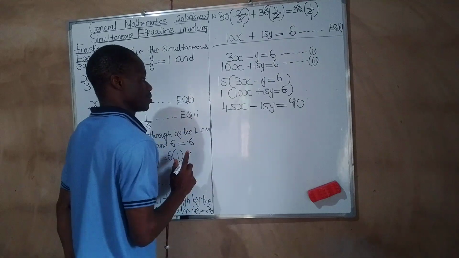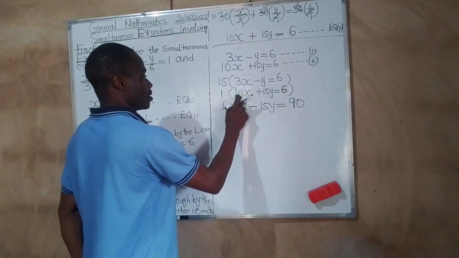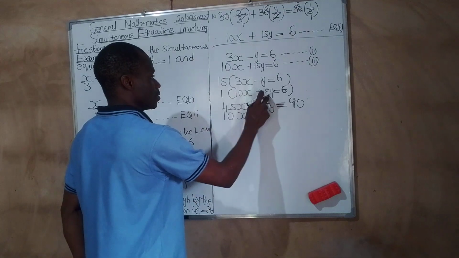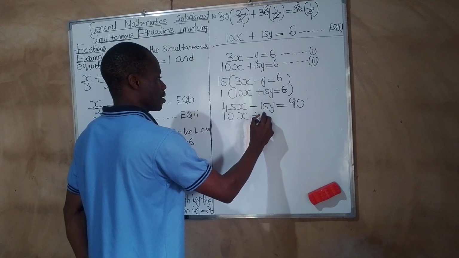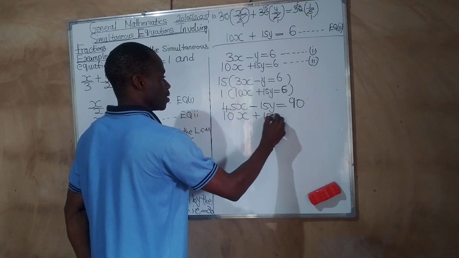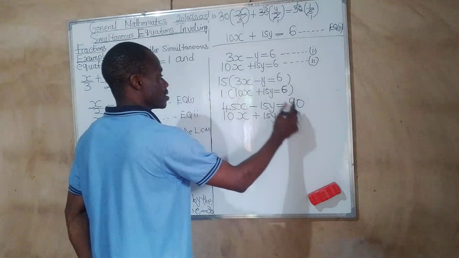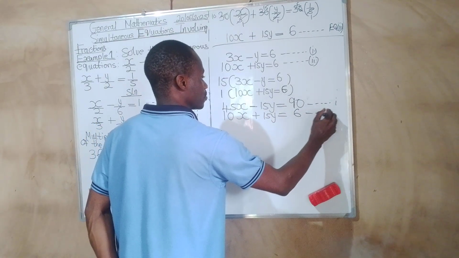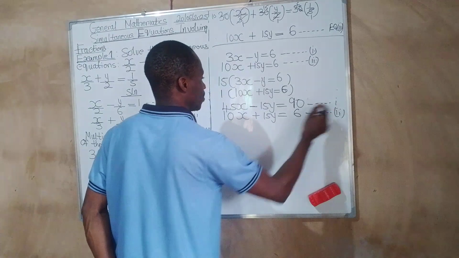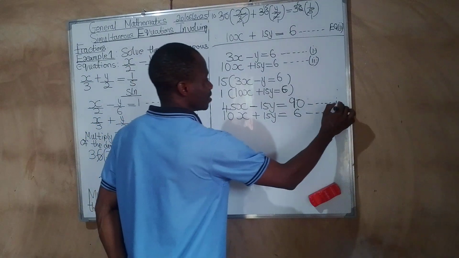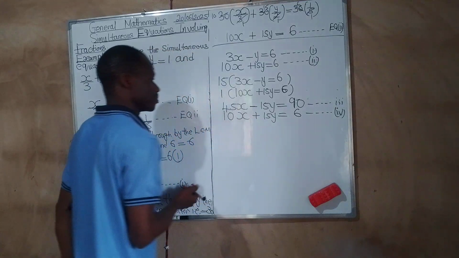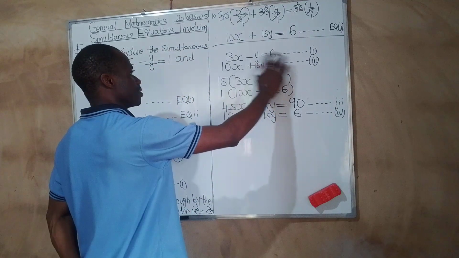Alright, that's good. The next thing is 1 times 10, 10x. 1 times 15y, 15y. And 1 times 6 is 6. Call it equation 3 and equation 4.